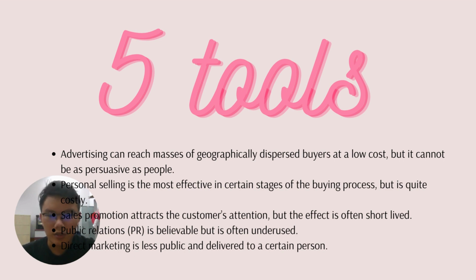Sales promotion attracts the customer's attention, but the effect is often short-lived. Public relations, or PR, is believable but often underused. Direct marketing is nonpublic and delivered to a certain person.